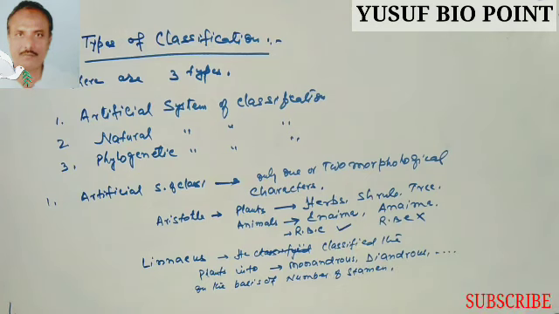If the stamen is 1, that is monoandrous. If the stamen is 2, that is diandrous. Mono means 1, having 1 androecium means having 1 stamen. Diandrous, di means 2, having 2 androecium means 2 stamens. Triandrous, like that. Similarly, in that way, he divided up to 24.